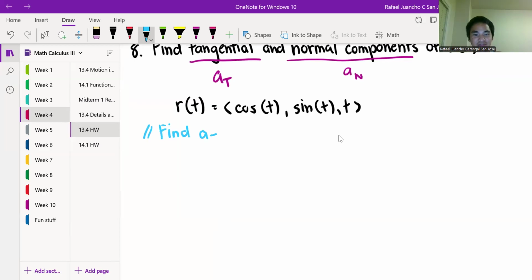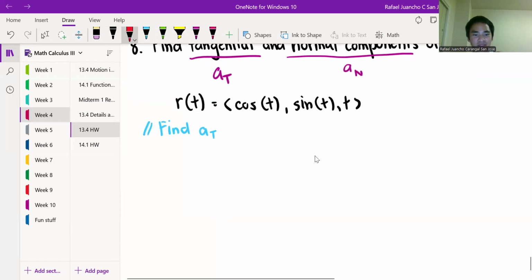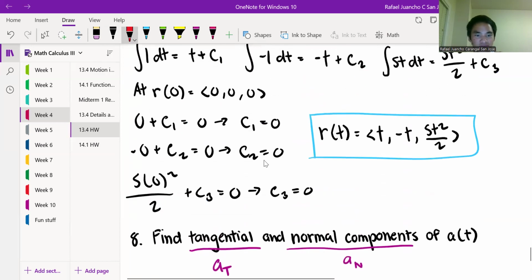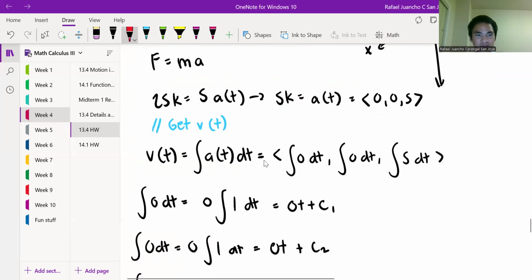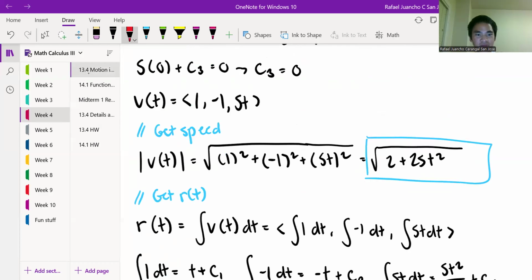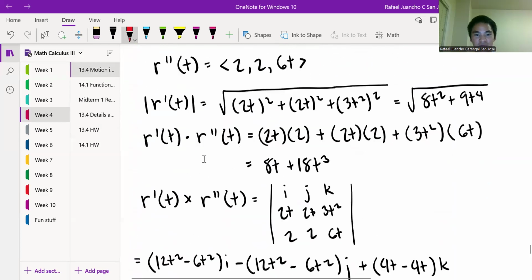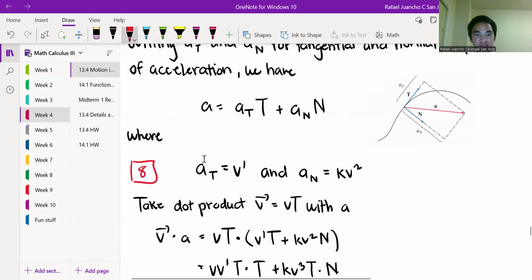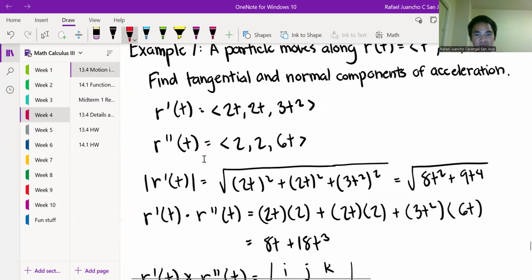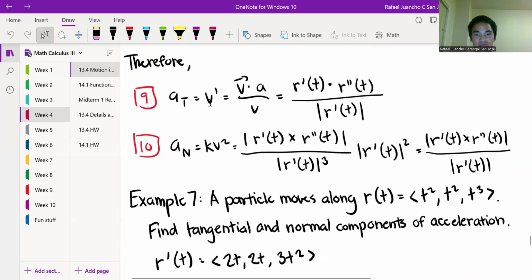So we find A sub t. Our formula for that, which I'm gonna highlight in red. So A sub t is just equal to what? Do I have it here? Probably have it in my notes. So that's something I would put in a cheat sheet during a test. Where did I put it? There you are.